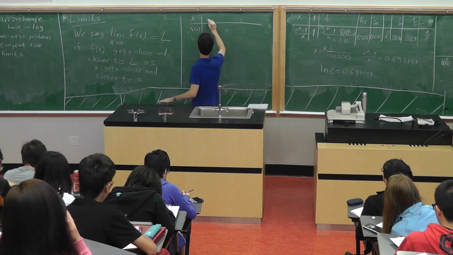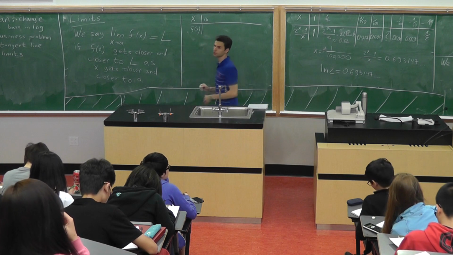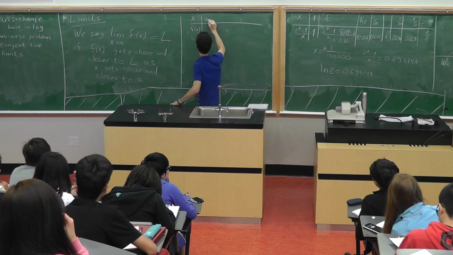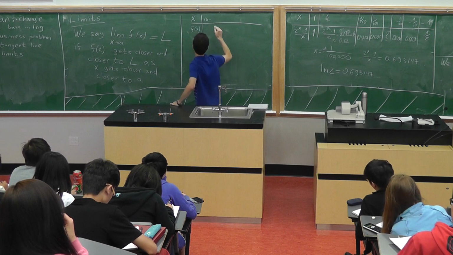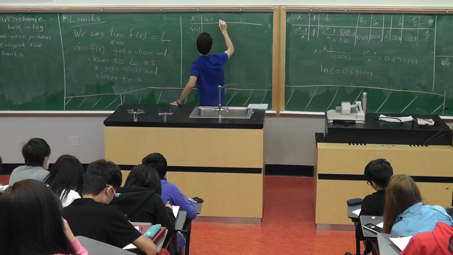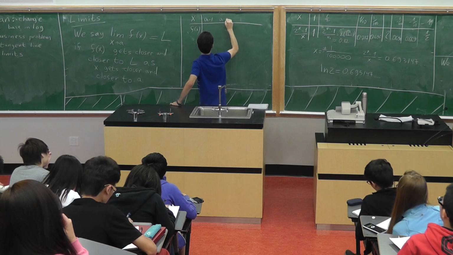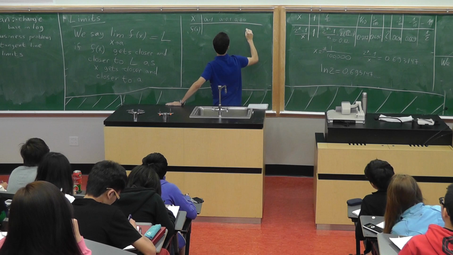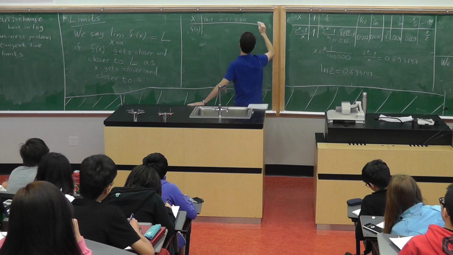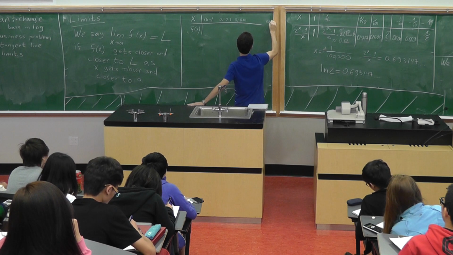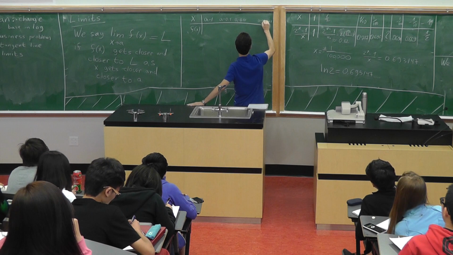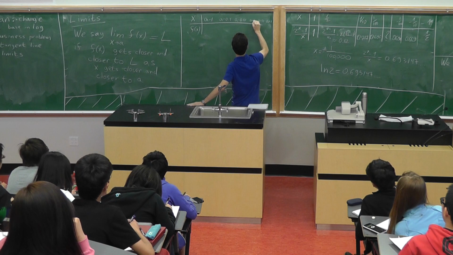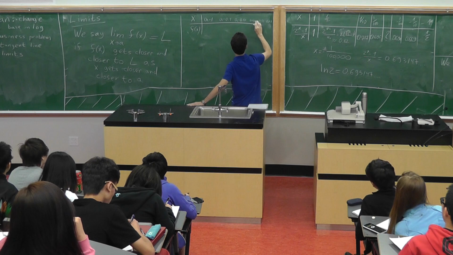You take a point A and you take points nearby: A minus some small number, maybe A minus 1, A minus 0.1, A minus 0.01. And from the other side, A plus 1, A plus 0.1, A plus 0.001.